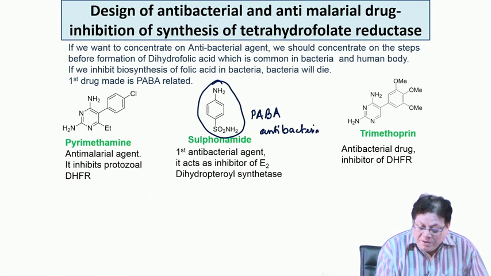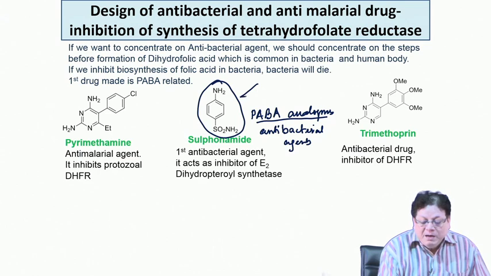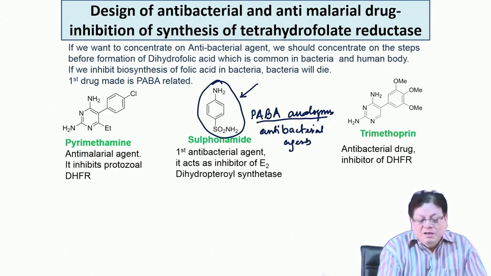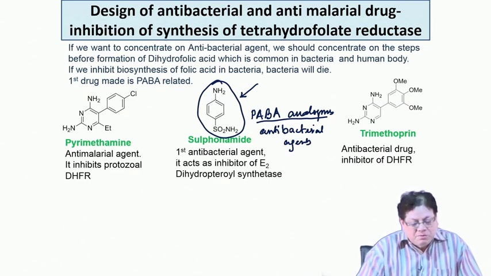There are different PABA analogues available, but the ultimate mechanism of action is that these PABA analogues release para-amino benzene sulfonamide. When it is incorporated, the enzyme thinks that this is the substrate.